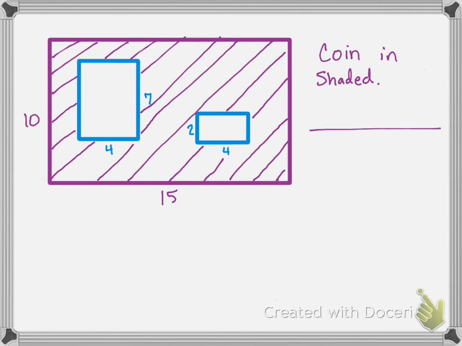So we know that we're going to have our big rectangle, the purple rectangle. And I'm just going to do it with symbols up here. Purple rectangle minus what? The blue rectangle.